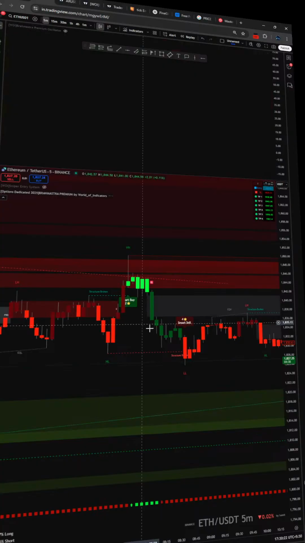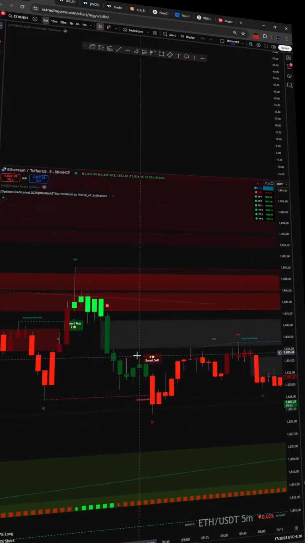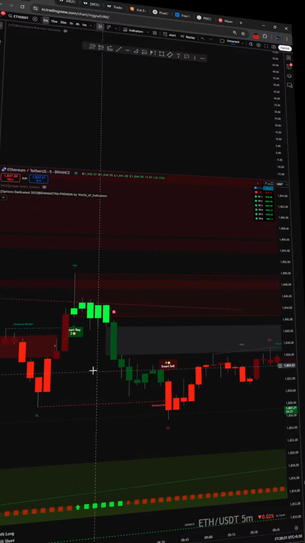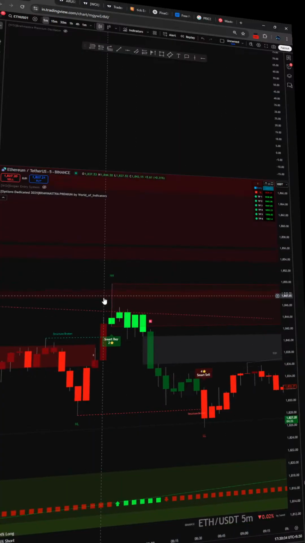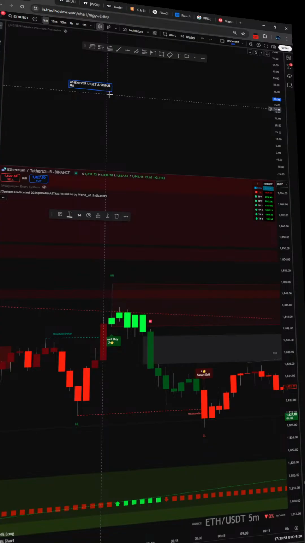Some people were asking how to avoid false signals. So we have 4 to 5 concepts using Brahmastra. I am sharing 1 to 2 with you. Whenever you get a signal, remember, let me type. Whenever you get a signal, mark the high of the candle.